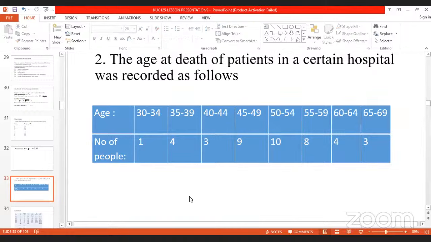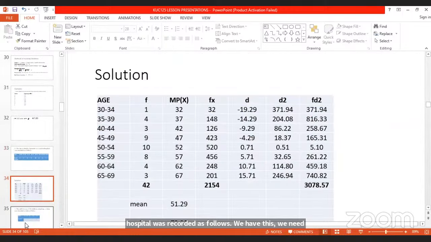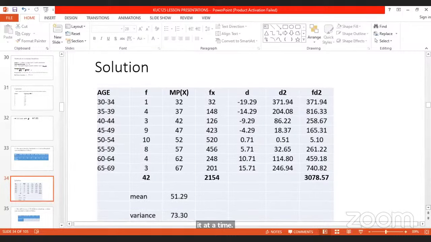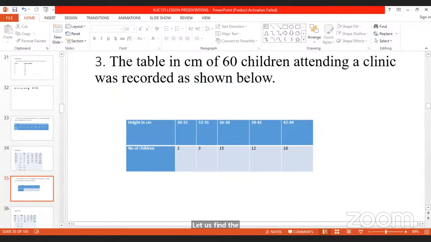So there we are. The age at death of patients in a certain hospital was recorded as follows. We did it the other time. Let us find the mean, the standard deviation, the variance, and what have you.